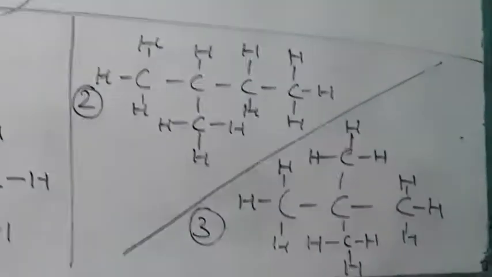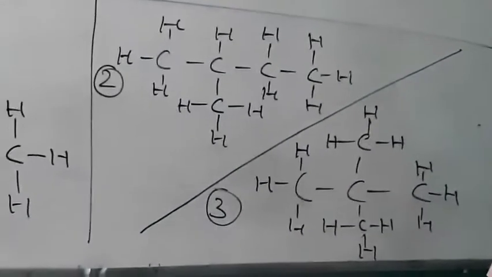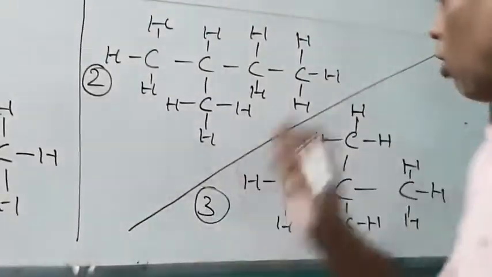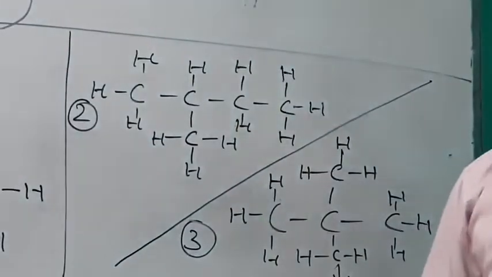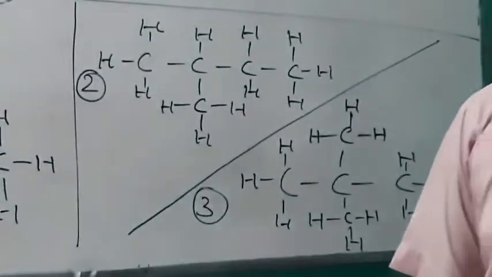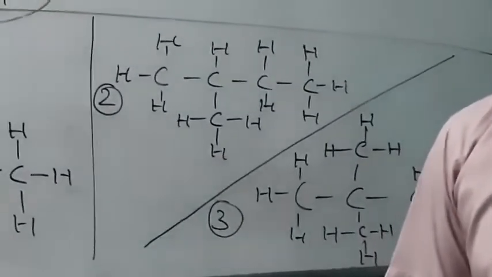So now, what would be the name of this compound? As I said, you are free to count from left to right or right to left, but make sure the substituent, the branching, gets the lowest number while counting.